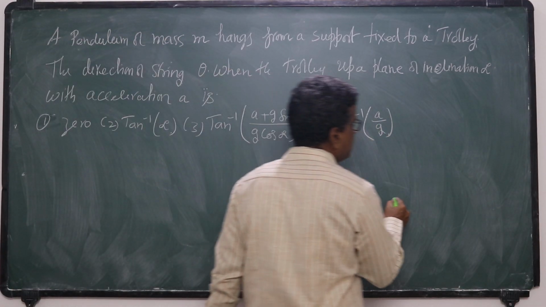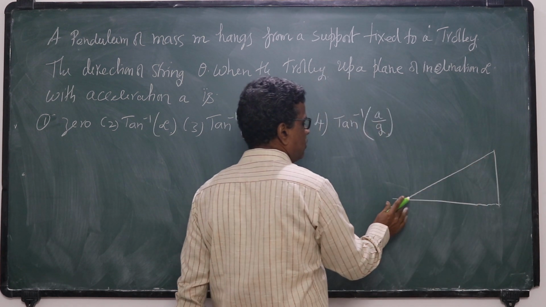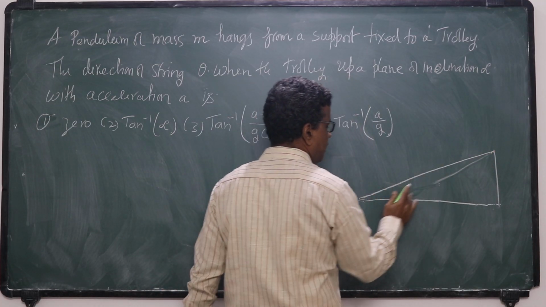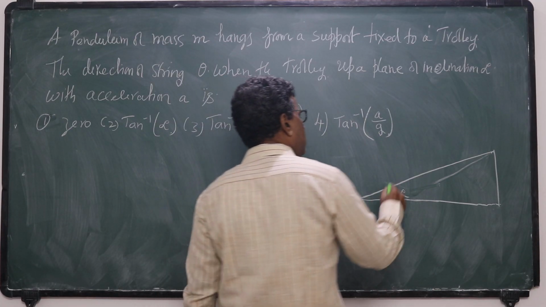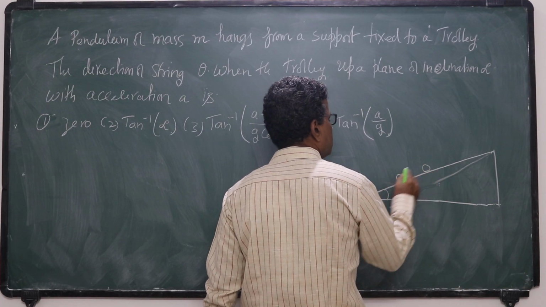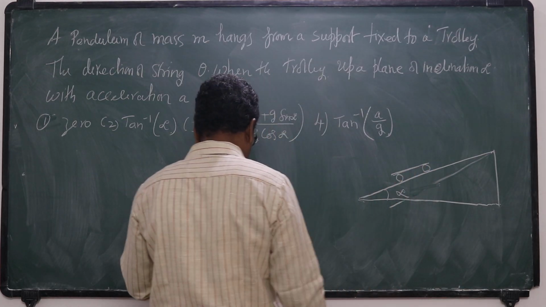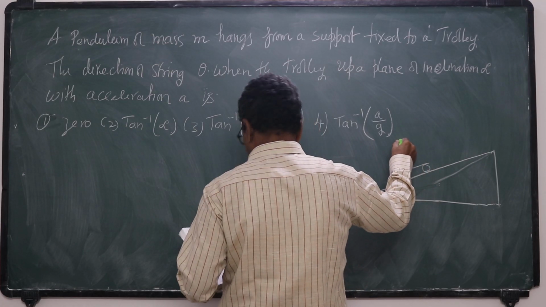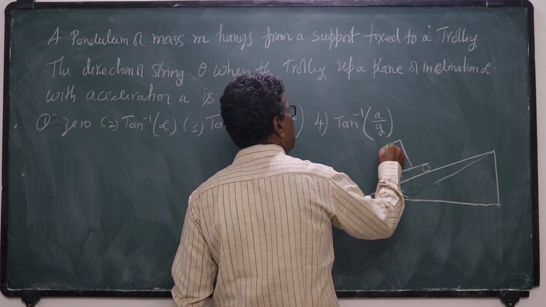So here the diagram is given. There is an inclined plane, that is the inclined plane of angle of inclination alpha. A trolley is rising up. So this is a trolley. On the trolley there is a fixed support, so to that support a pendulum is suspended.